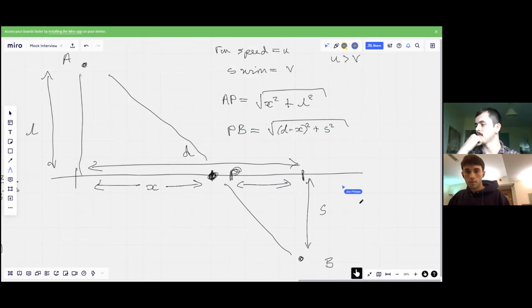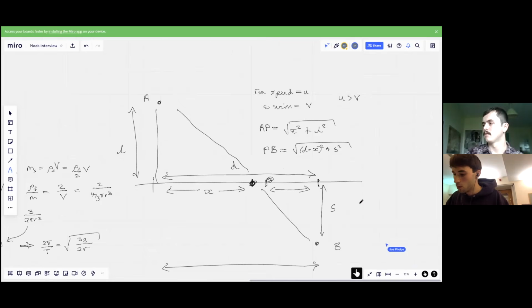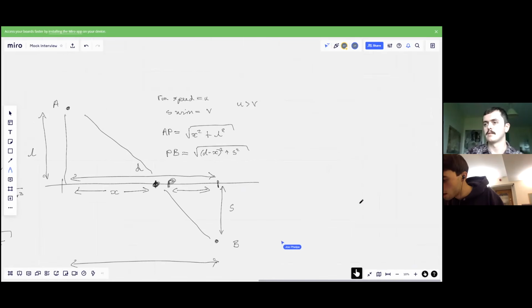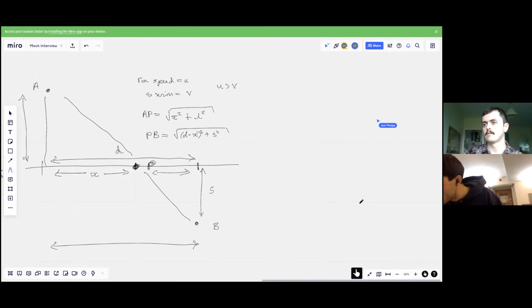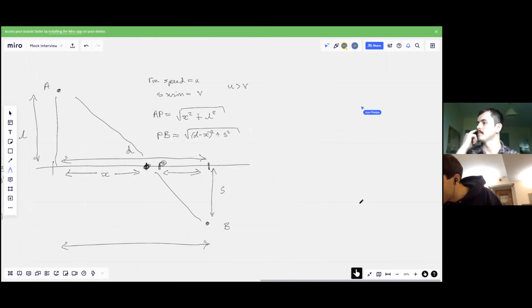Could I move over to the right just a little bit to get myself a bit more working space? Sorry about that. So I know that speed is distance over time. So the time taken is just the distance I travel divided by the speed.